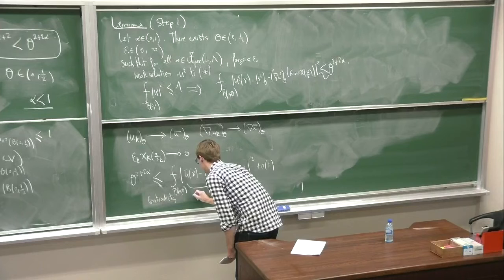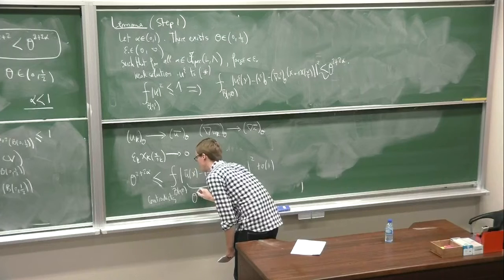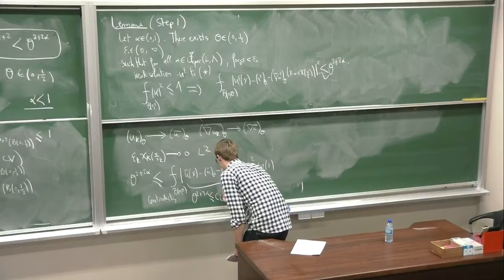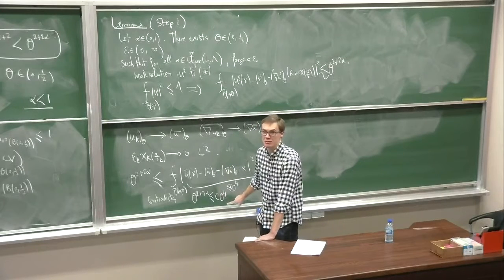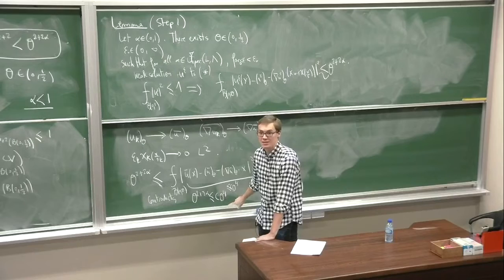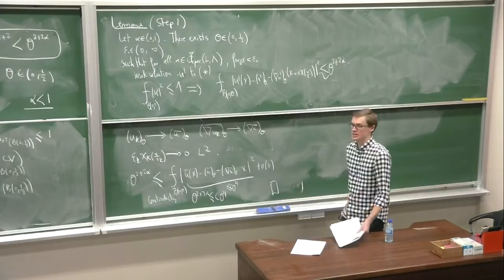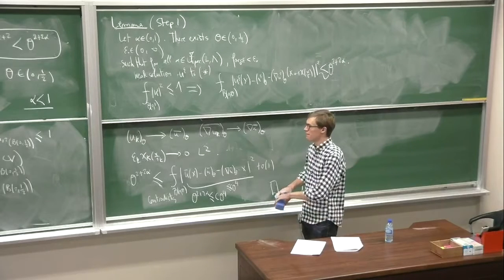You get here theta to the 2 plus 2 alpha is smaller or equal to c theta 4. So by our choice of theta, this is not possible. And this concludes the proof. So it's actually very simple once everything is set up correctly.